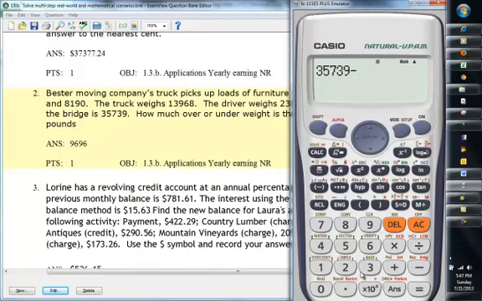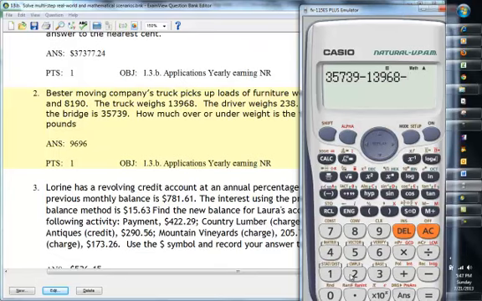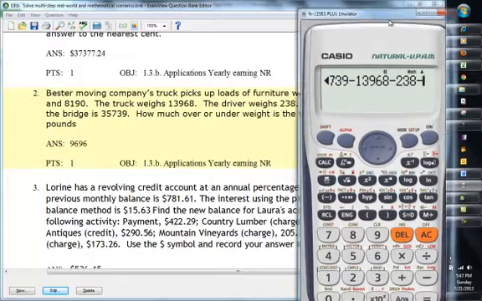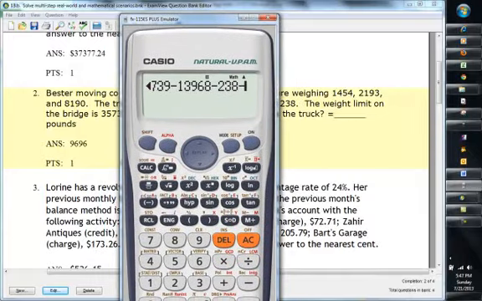Subtract the truck, which is 13,968. Subtract the driver. What was that? 238. Subtract the three loads: 1454, 2193, and 8190.